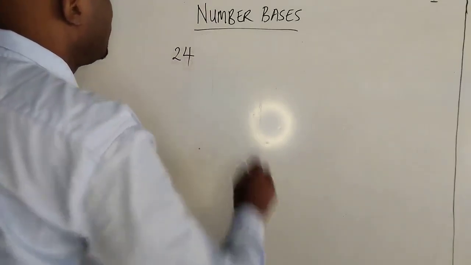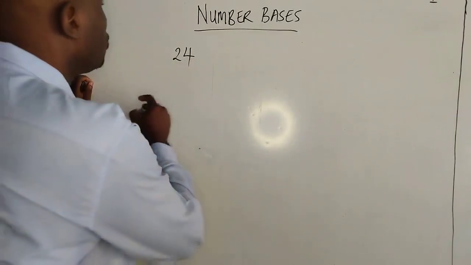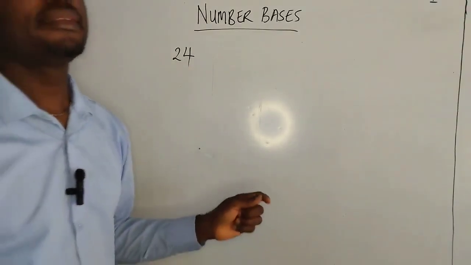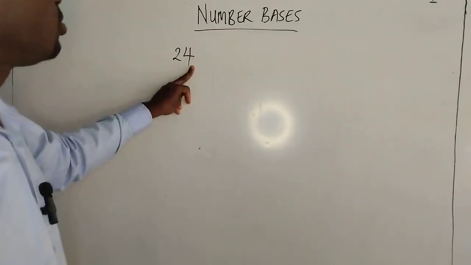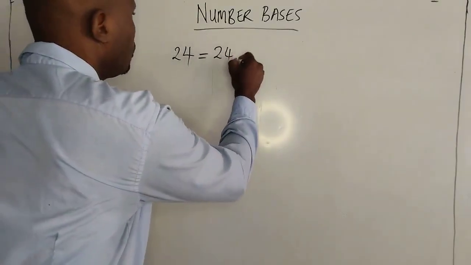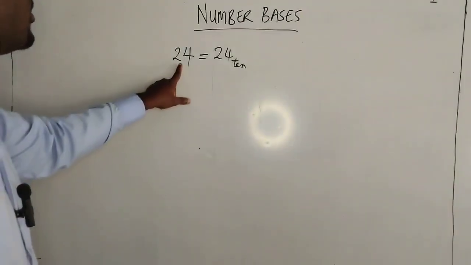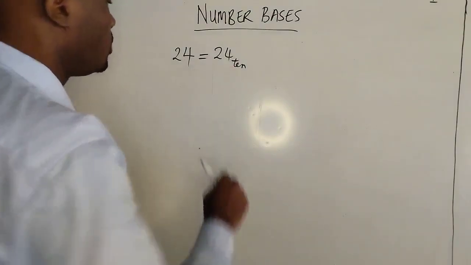Any number written without a visible base is assumed to be in base 10. For example, this number 24, there is no visible base, but it's the same thing as writing 24 base 10. Then, if the base is not 10, it has to be specified.